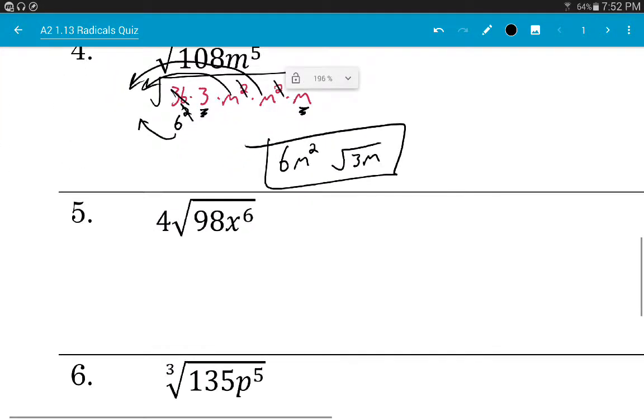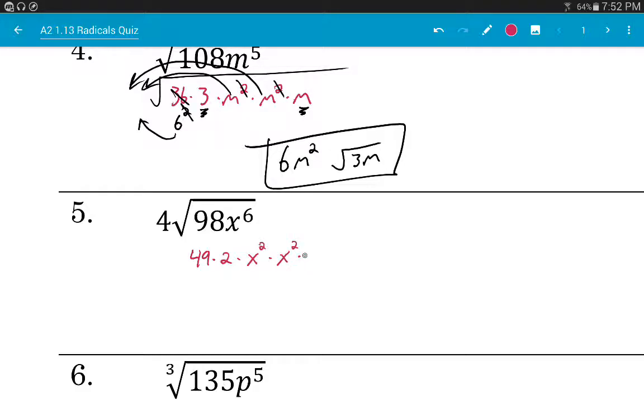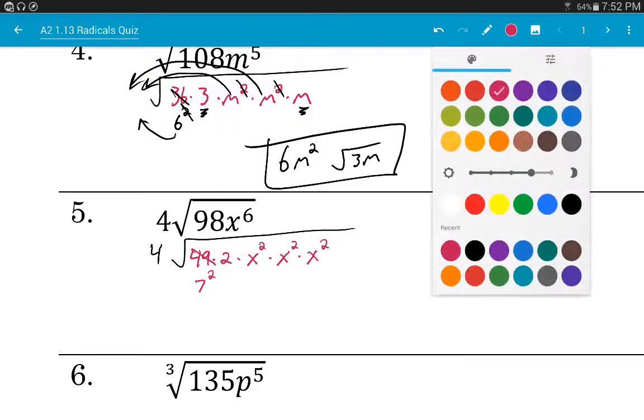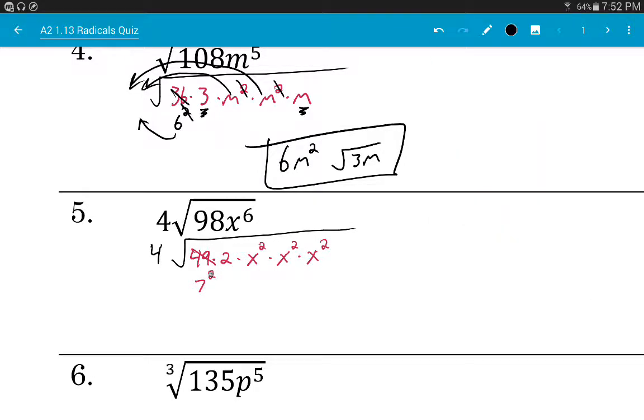Question 5. This can be broken up into 49 times 2. The x to the 6th can get broken up into x squared, x squared, x squared. I'm going to put the square root back on and keep the 4 in front. 49 can be rewritten as 7 squared, and then I can take out anything that has a square.